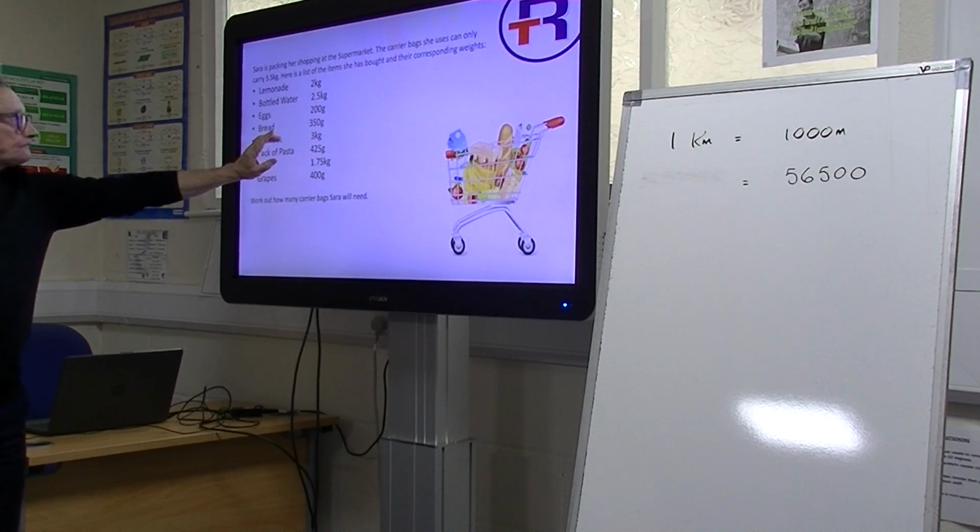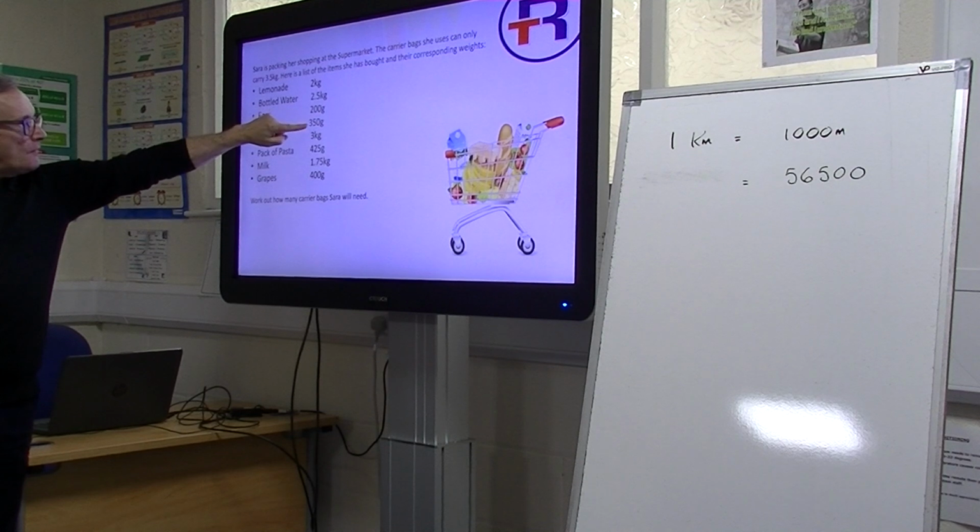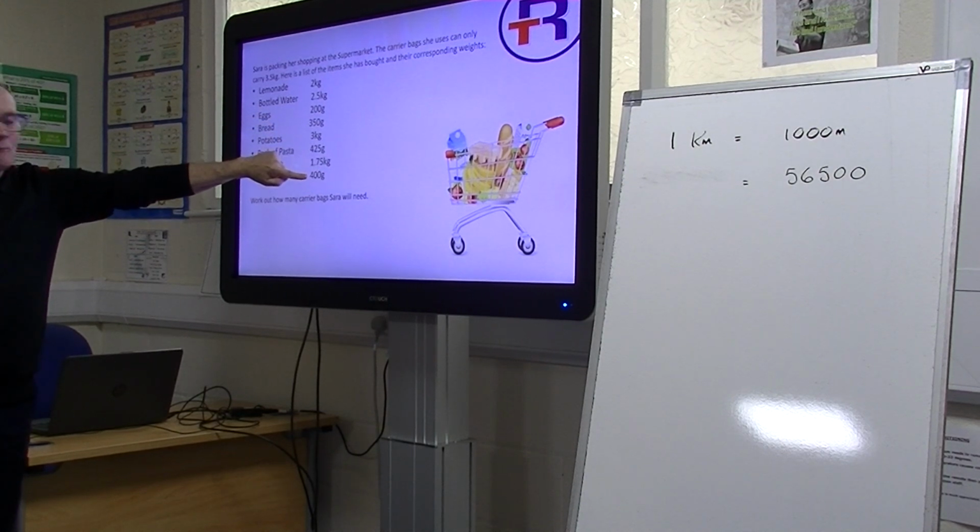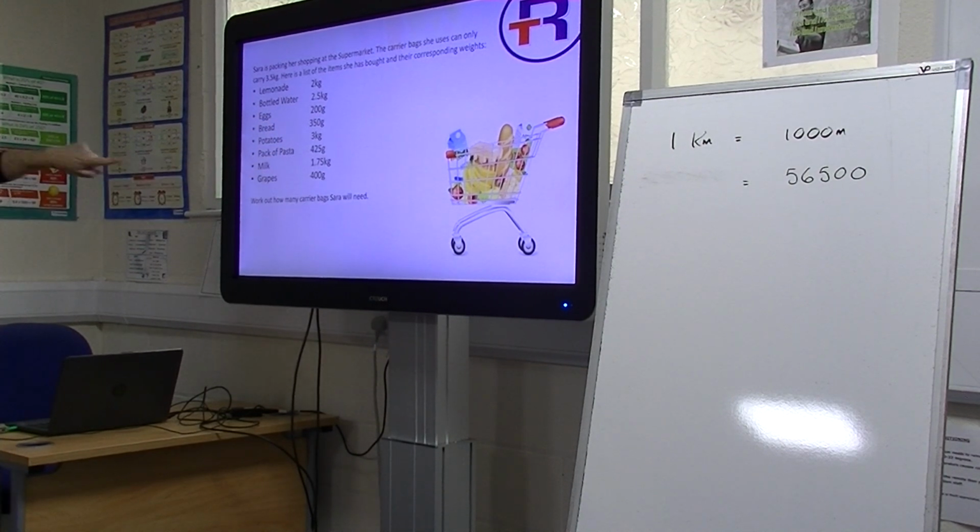So all these grams, I would change to kilograms. Do you divide or multiply? You're going from grams to kilograms. If you're not sure, try them both. The answer will become fairly obvious.